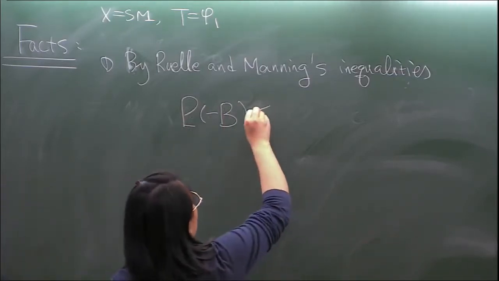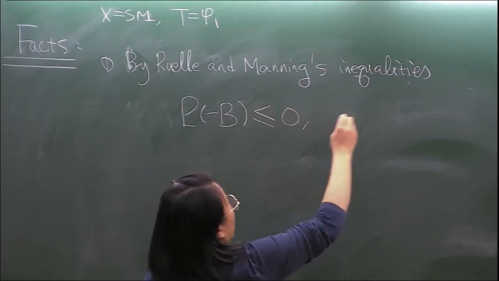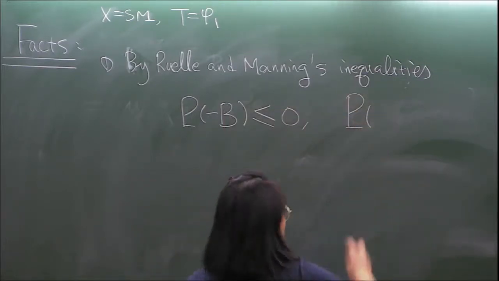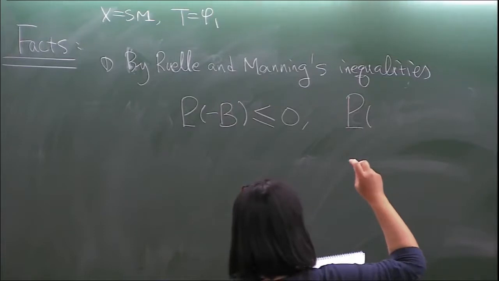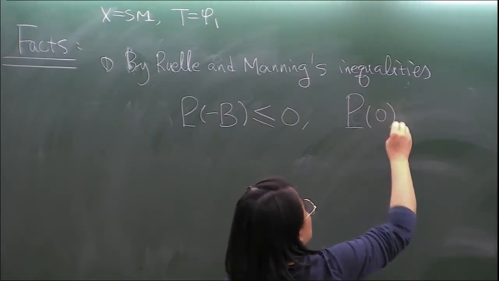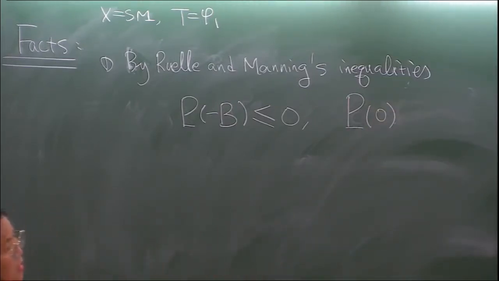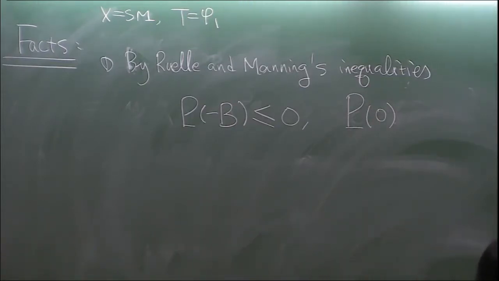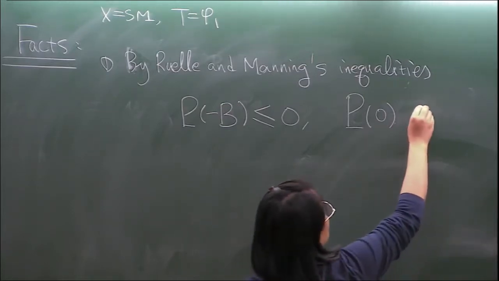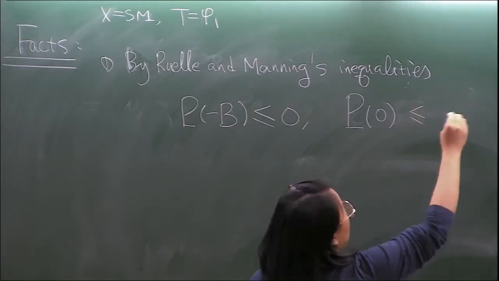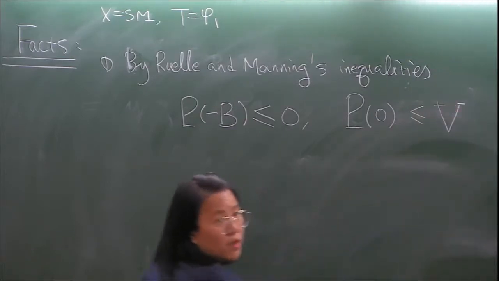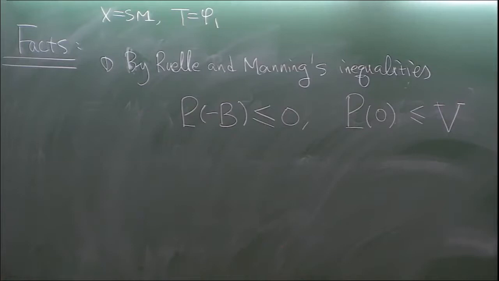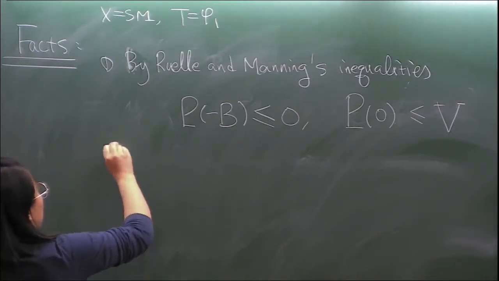This guy is always less or equal to 0, and also P_0 is less or equal to V, right? Okay, so that's it. So how about the second fact?